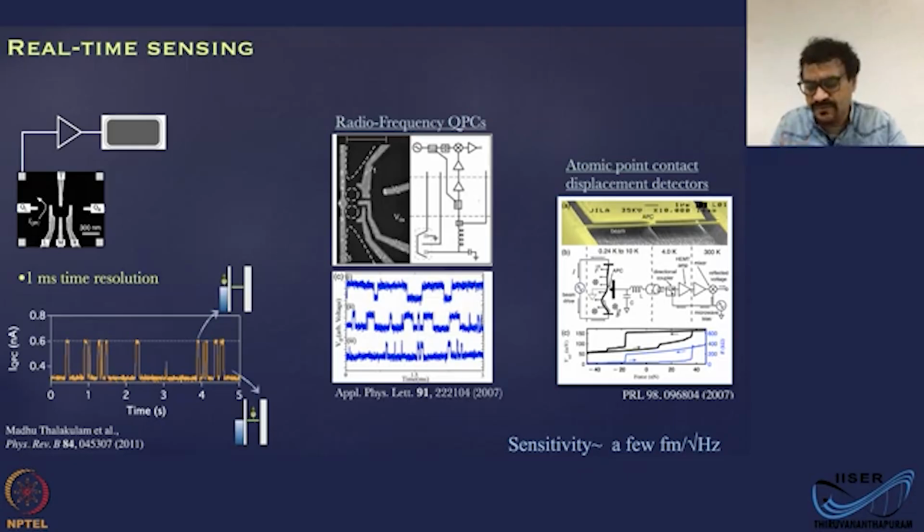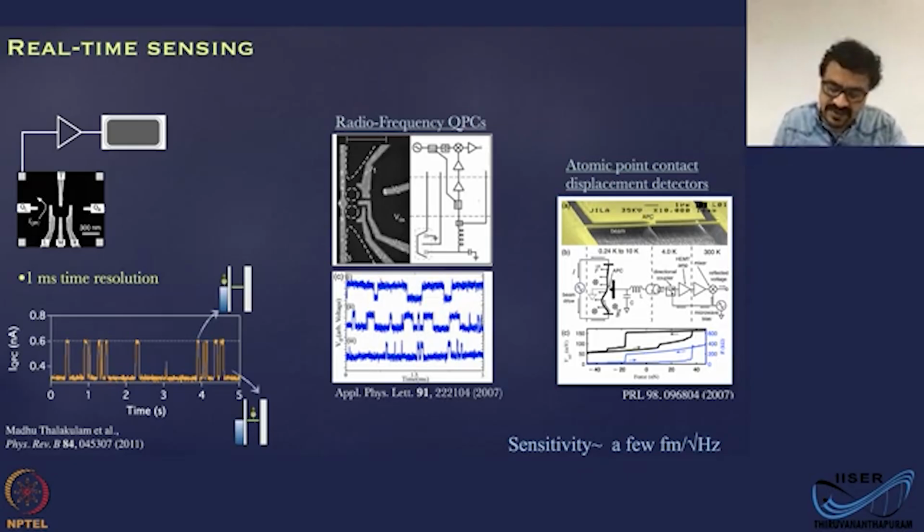So operating in gigahertz is not a problem for the device, but it is the technology, how you operate this device in the gigahertz or nanosecond time scale, and how to get the signal out of this QPC. That is a technology problem. It's not an inherent problem of the device. So what I'm saying is you can operate this device at even faster time scales than this. That is one research direction going on currently.